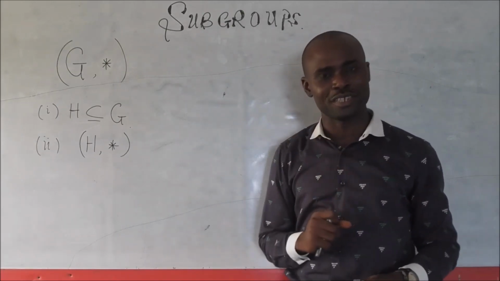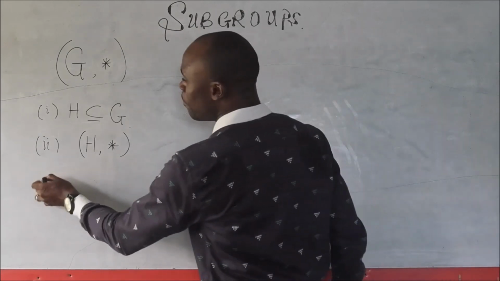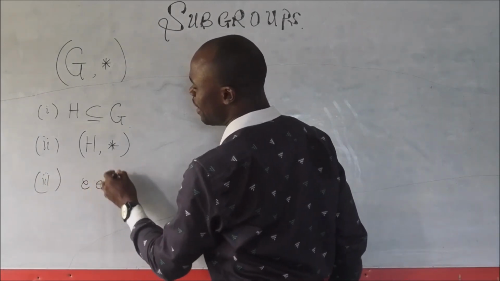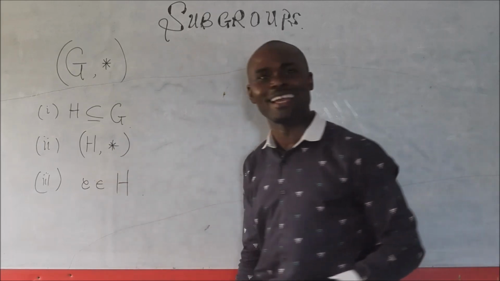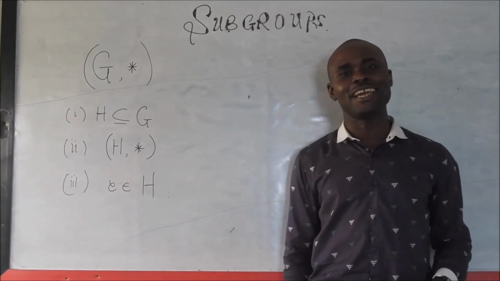But that is not just enough. Another condition is that it must contain the identity element. You remember I talked about the identity element. So this must contain the identity element.